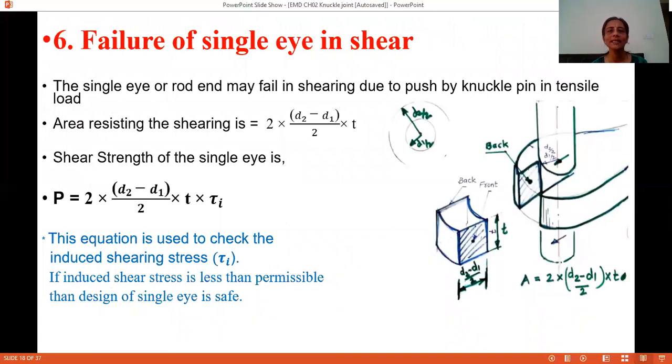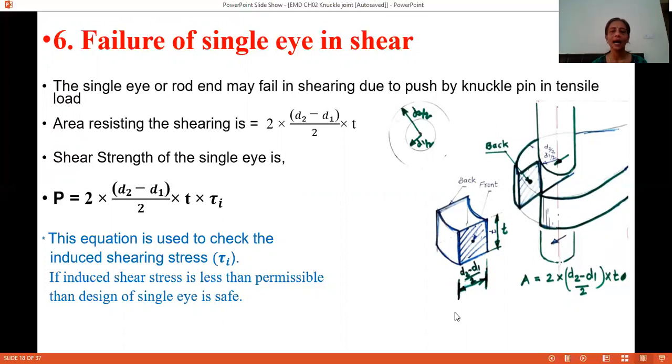Now we will see the sixth step, that is failure of single eye in shear. We can easily see from this sketch, the knuckle pin will push this end of the single eye and it will come out, it will shear off this way. Because there are two areas in contact, front area and back area, we call it double shear failure.